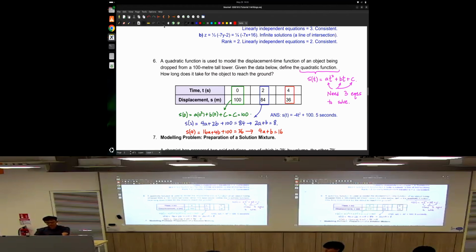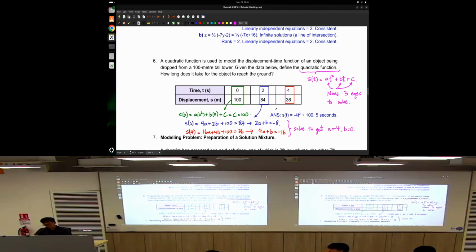My bad, so this should be minus 8 and minus 16. So 4a plus b equals minus 16. Therefore you have two equations, two unknowns a and b. You solve and you get a equals minus 4 and b equals 0. Your c is 100, so hence you get the answers.